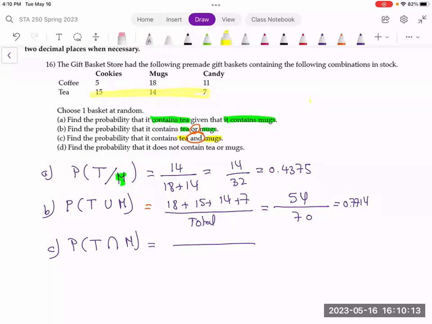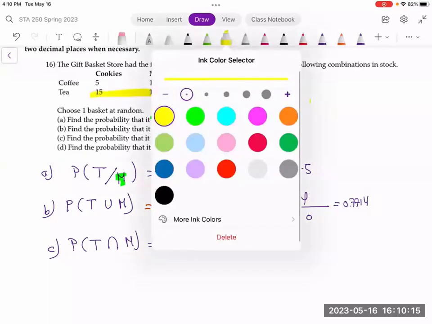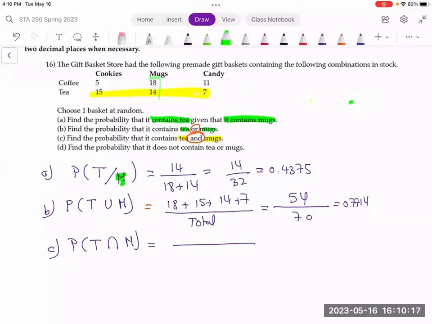Those are the T's. And then you're going to highlight the marks. And the only number you are taking is the double shaded. So before we took everything shaded with the union, now we are taking the double shaded with the and, right? And this is going to be equal to 14 divided by the total, so 14 over 70.